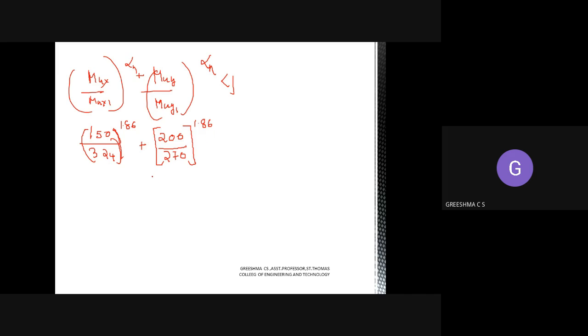How much are you getting? This value should be less than 1.